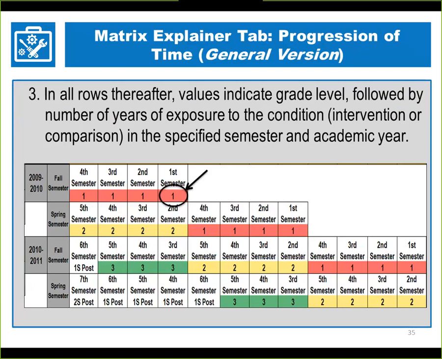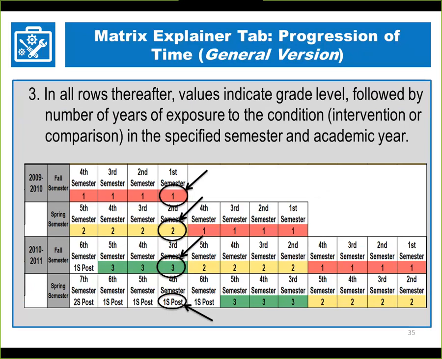In this example, 1 semester of exposure is written as 1 and shaded red. 2 semesters of exposure, written as 2, is shaded yellow. And 3 semesters of exposure, written as 3, is shaded green. If data collection continues past the end of the intervention, the number of post-intervention semesters is indicated. 1 semester post-intervention is written as 1S post without shading.